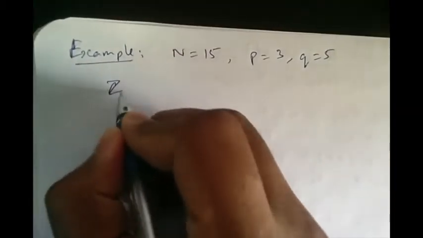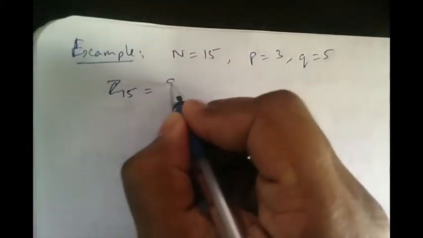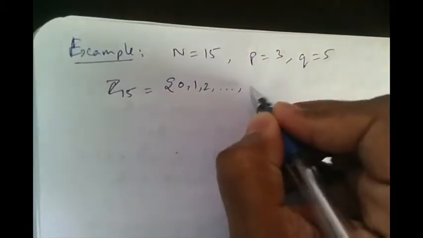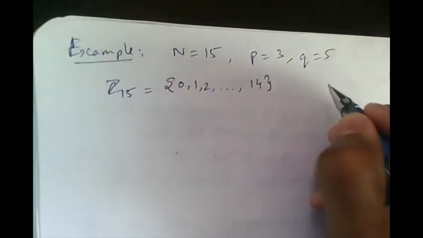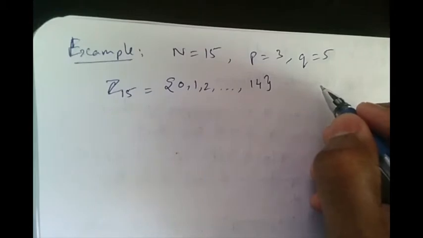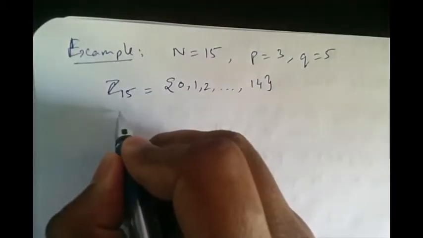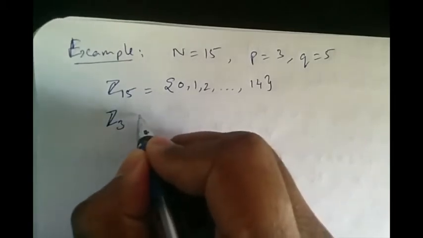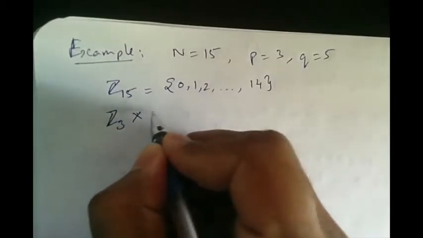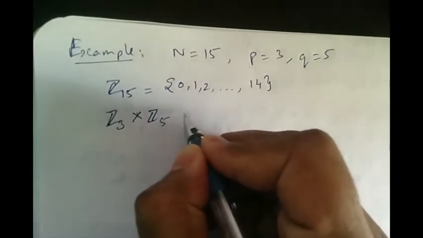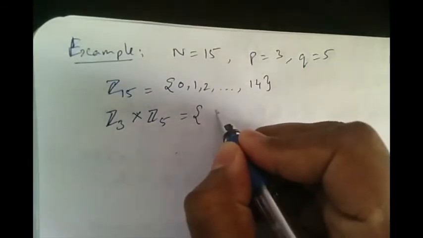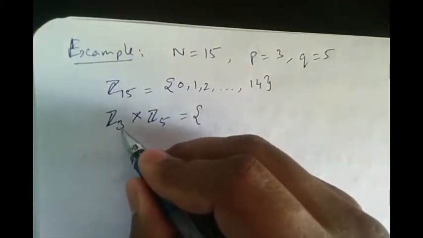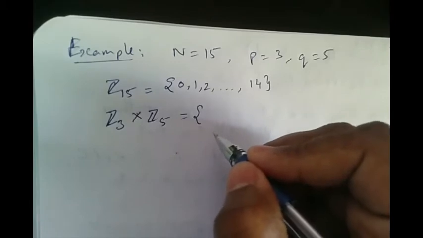Z15, which is going to be 0, 1, 2 up to 14 with modulo 15 as the binary operation, is isomorphic to Z3 cross Z5, which is the set of ordered pairs with the first coordinate from Z3 and the second coordinate from Z5.